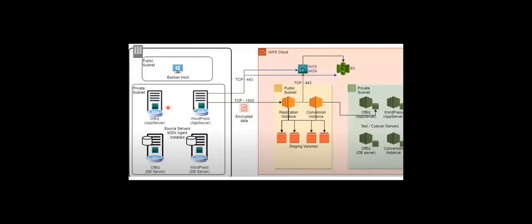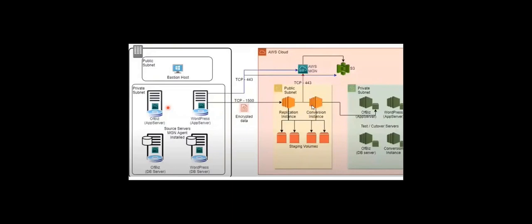After replicating your data from the WordPress application to your replication instances, what happens? Your data is converted by using conversion instances, to however you require your destination data to be.